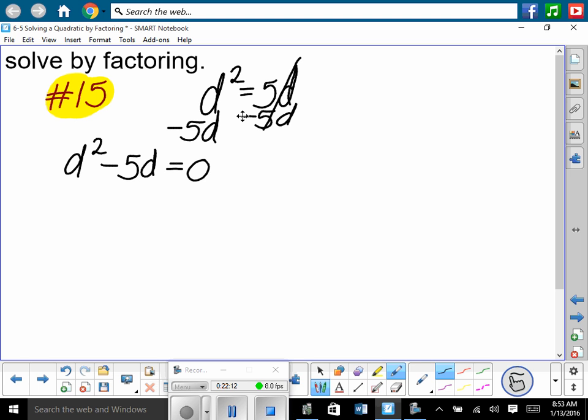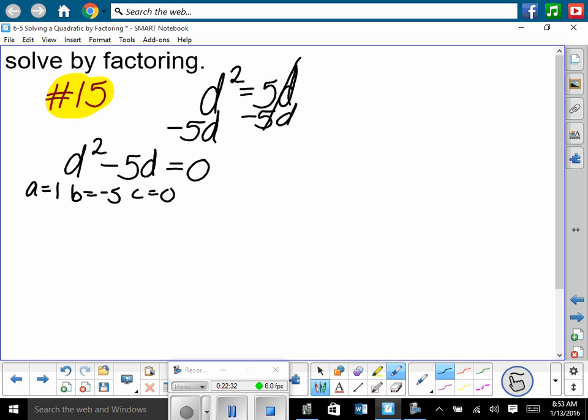Now, the two ladies that did this the hard way, which is fine. You can do it the hard way if you want. So the two ladies that did get it, I'm going to show you, first of all, the way they did it. They said a is equal to 1, b is equal to -5, and c is equal to 0. Is that true?